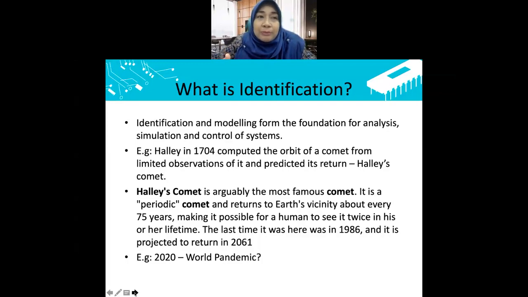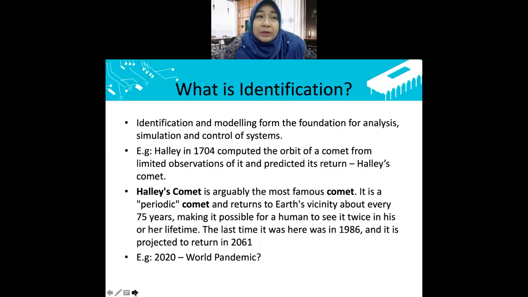We can only predict that it's going to happen, so we can take active precautions. We are only humans, so our knowledge is very limited. But we can learn from past experience on how to overcome it or how to deal with it. So this is a good thing about identification and prediction.